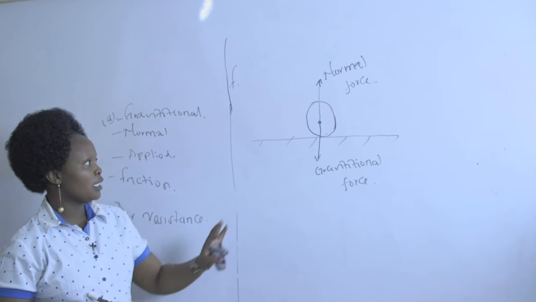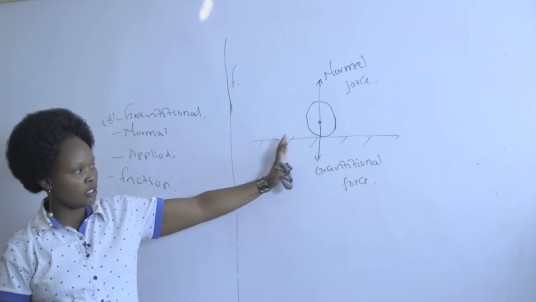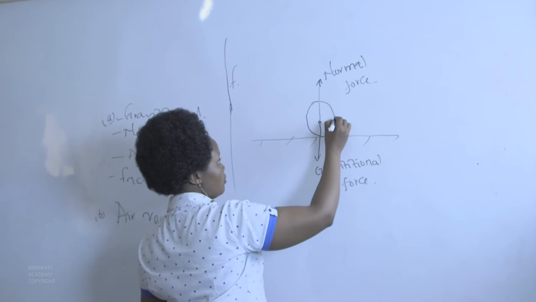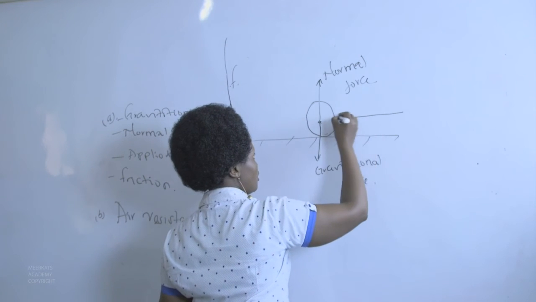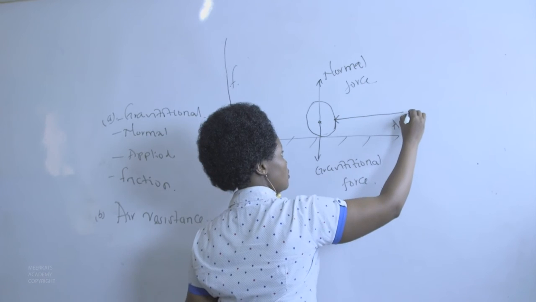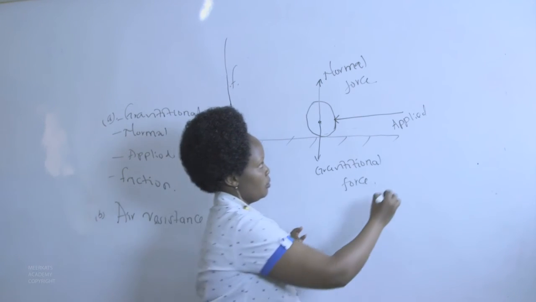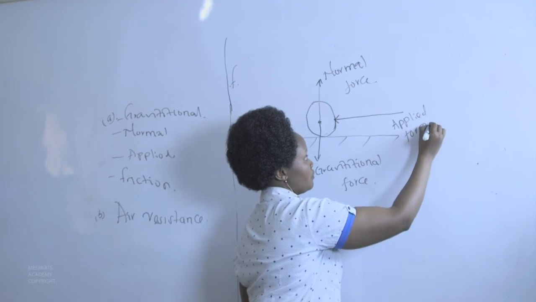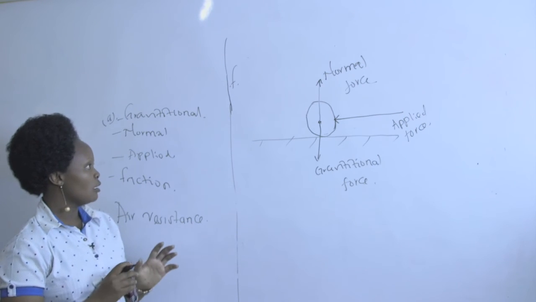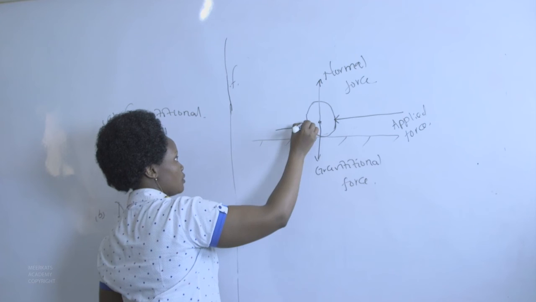Then we have an applied force that should cause motion on the left. Motion towards the left side means it should be applied in this direction. That is the applied force. And then on the other side, we have friction.